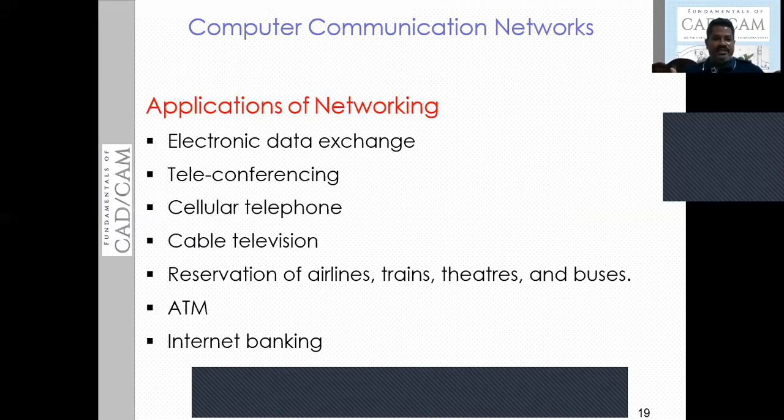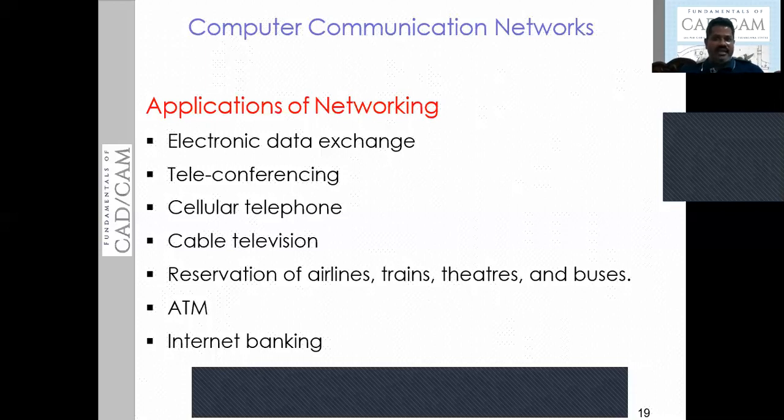This is one of the applications. Of course, it is transferring data between systems connected in a network. Then you have the cellular telephone. This is also one of the applications. Then you have cable television. Cable television means all the systems in an area are connected to a cable. Somewhere else one movie is transmitted, and we are able to view that movie at our home.